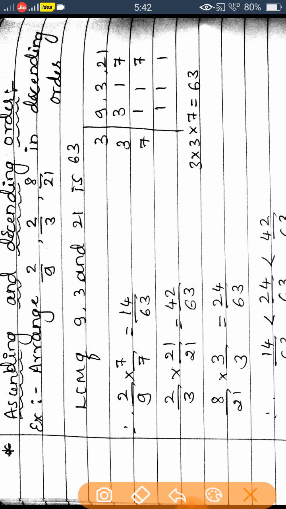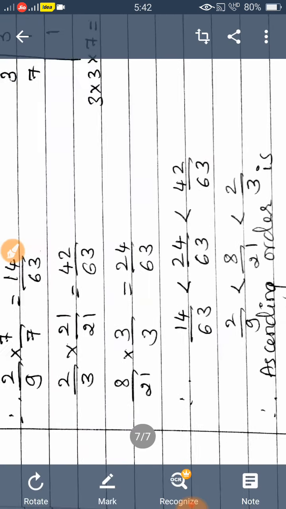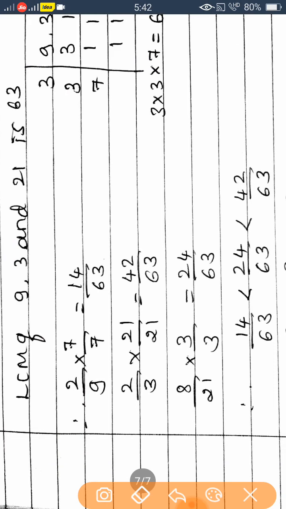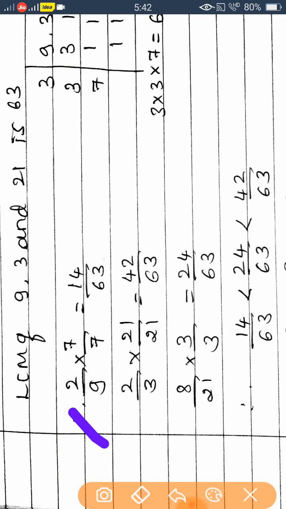So when the denominator becomes 63, okay, see 2 by 9. 9 times how much is 63? 7. If you are multiplying 7 with the denominator, you must multiply with the numerator also. So then it becomes 14 by 63.